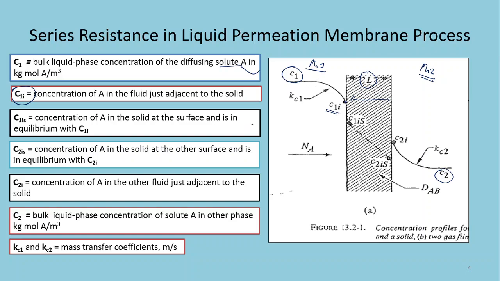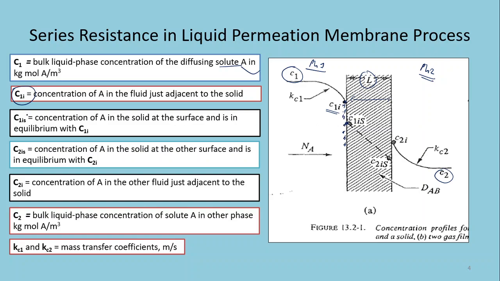Then what is going on? Obviously the film of A that is available here, all this is the A film available in the solid. So there will be a transfer of A from this film to the solid phase, and this is the C1IS.